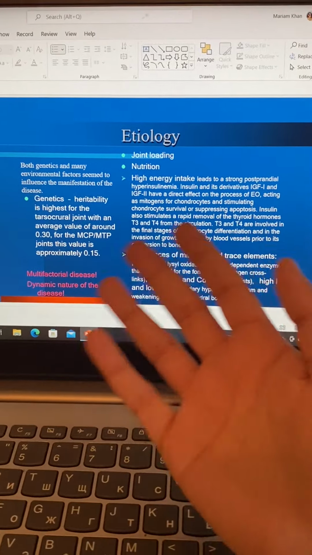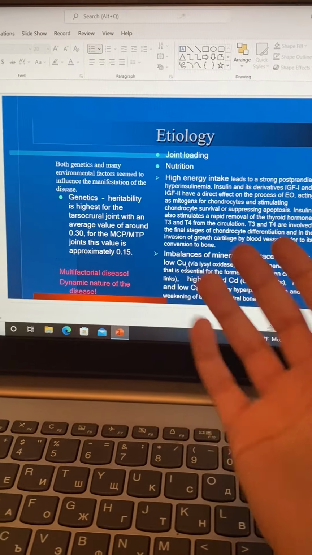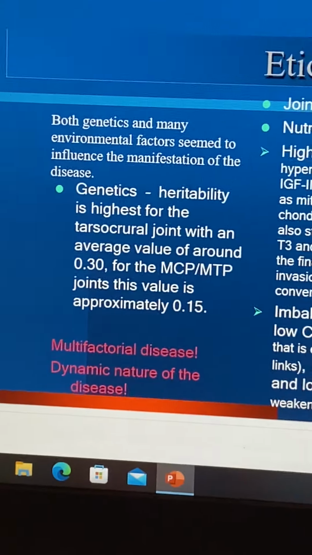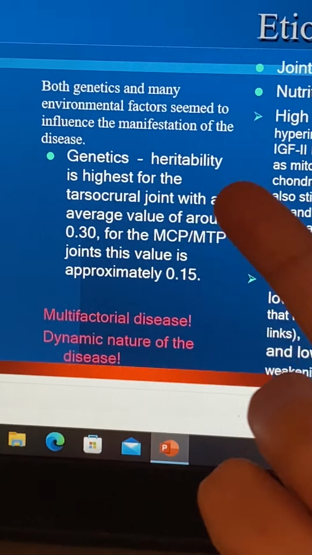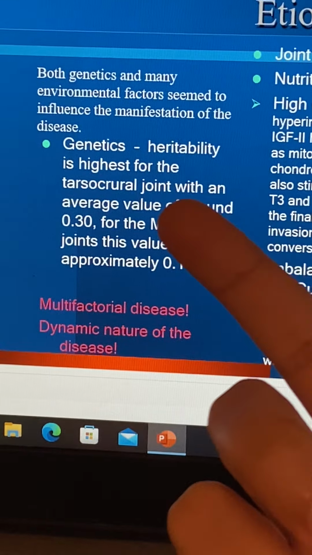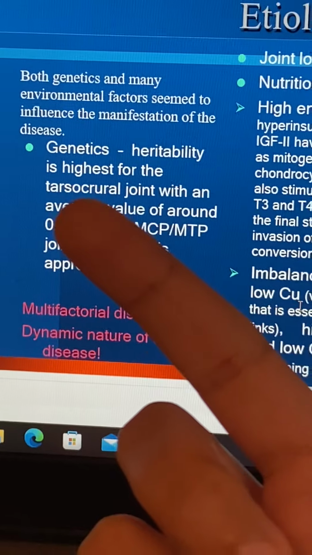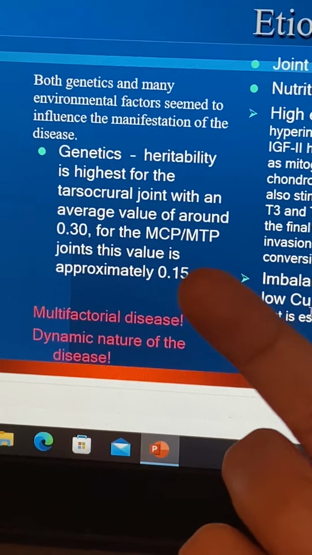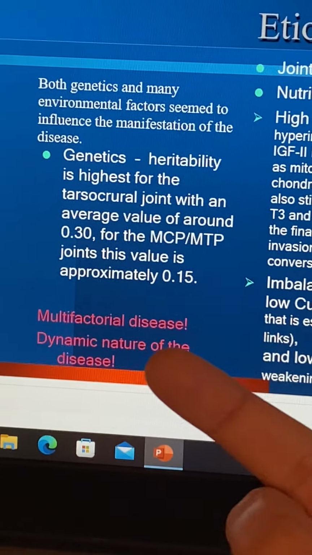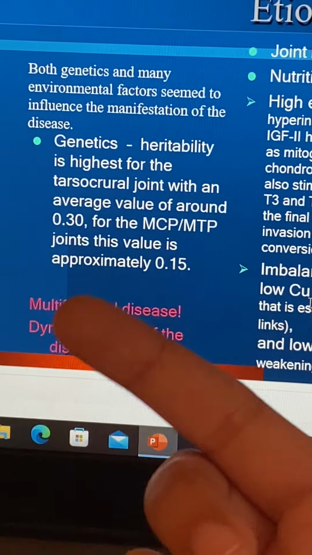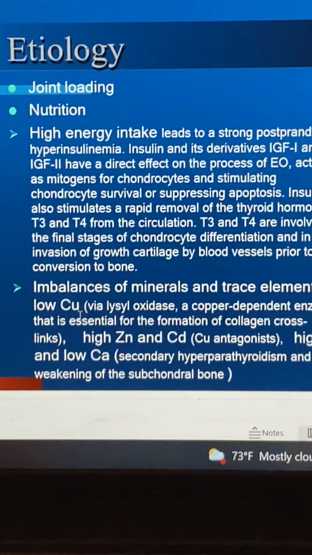So, okay, this all sounds odd. How does it occur? It's both congenital and acquired, so genetic. Heritability is highest for the tarsocrural joint. And yeah, it's a multifactorial disease.